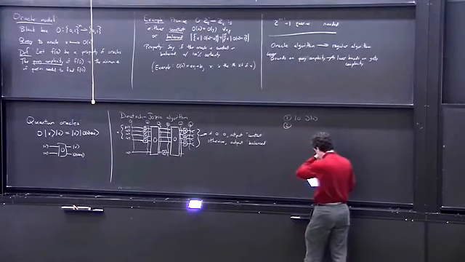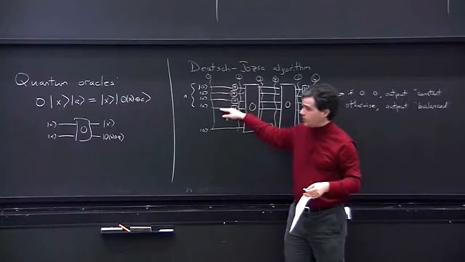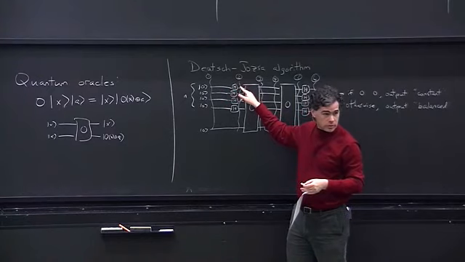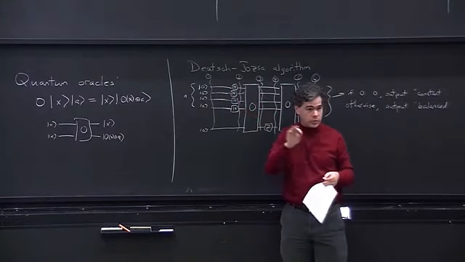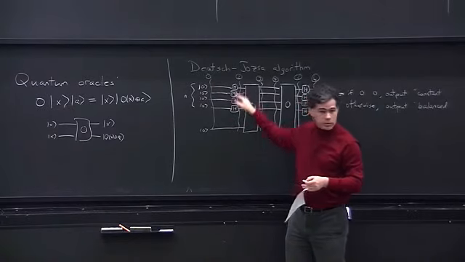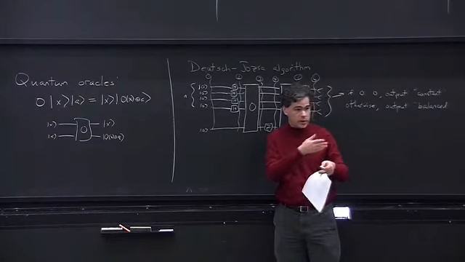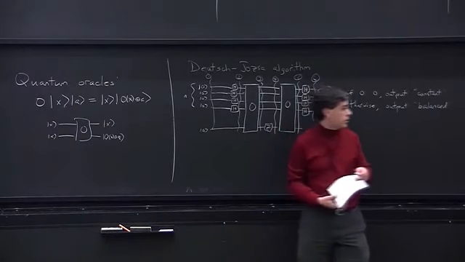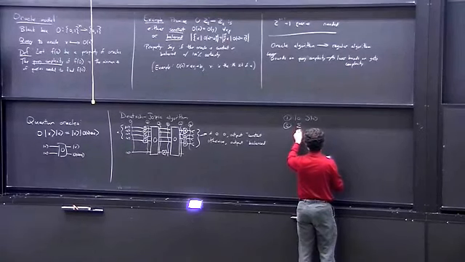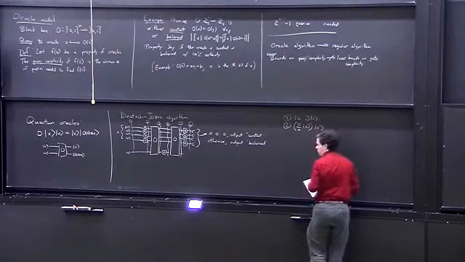Then at step 2, what have we done? Well, we've done the Hadamard transform on these zeros. So each one becomes 0 plus 1. And the tensor product of 0 plus 1 means that we could have any bit string on these n qubits, because 0 and 1 are equally likely, so any combination of zeros and ones is equally likely. So at this point, we have the sum over x of x, tensor 0.